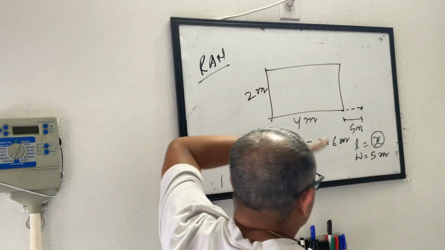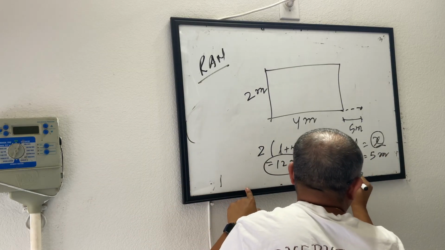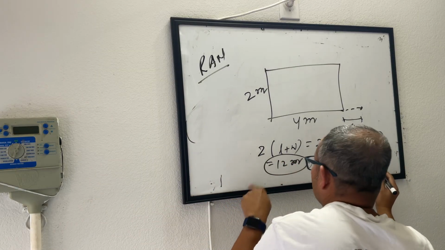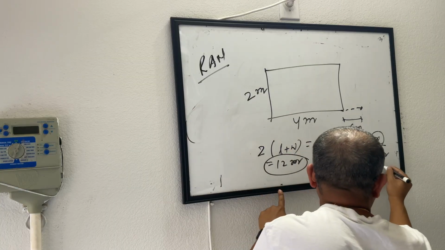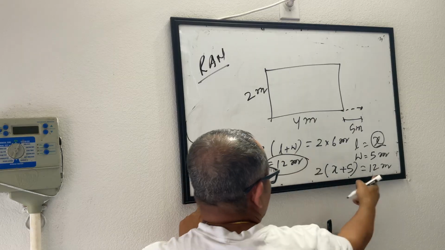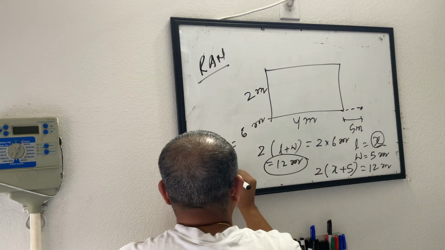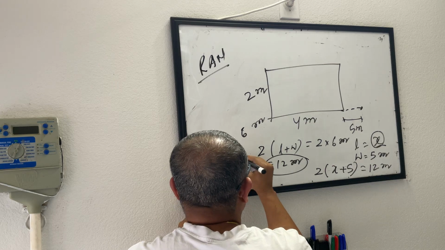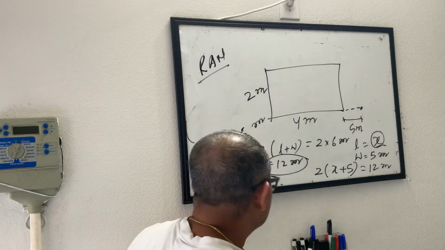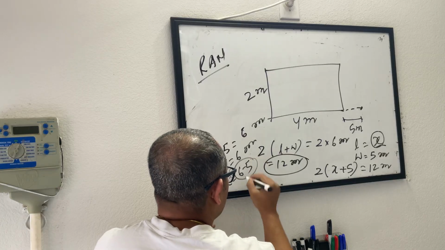The perimeter is not changing, meaning 2 times length plus width will remain the same as before, that is 12 meter. So x plus 5 will be 12 divided by 2, 6 meter. x plus 5 is equal to 6 meter. How much is x? 6 minus 5. That is 1 meter.